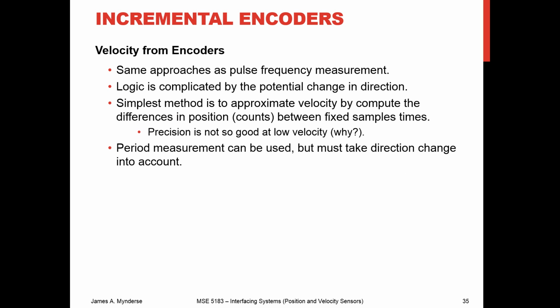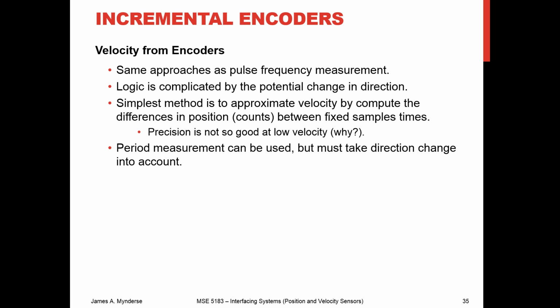And from your encoder, if you want to go to velocity, you can do your pulse frequency measurement, you can do your differentiation, but you do have to understand when you're seeing a change in direction, and that's something I mentioned, that if your change in direction is relatively small, or small relative to the size of your grating, then you could end up losing information there.